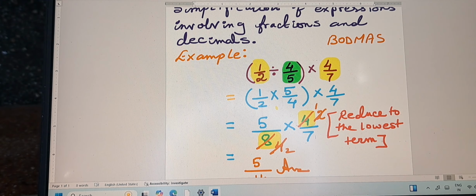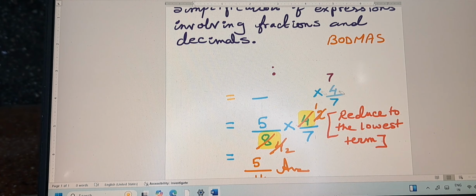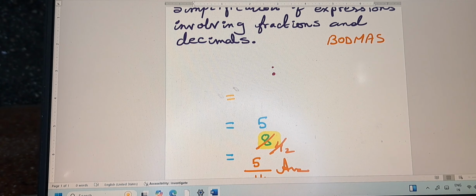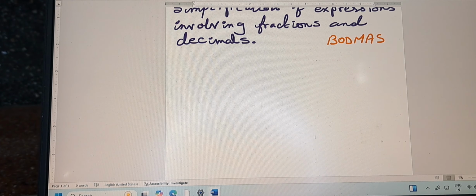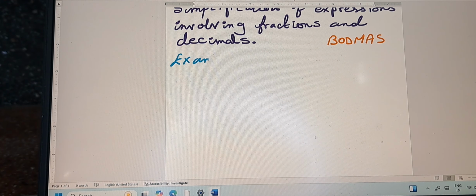Now let us move to the next example. Example number 2. So let us check the sum now.